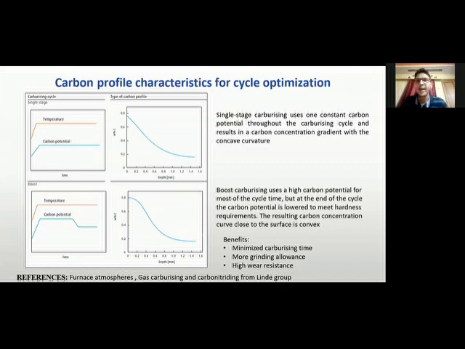The 0.8 KSDF is at around 0.2 mm, so you can grind around 100 to 150 micron and there will still be 0.8 KSDF available. Because of that, grinding allowance is available and high wear resistance property is achieved because of this boost cycle. And because of that, the carburizing time has also been minimized. So next.